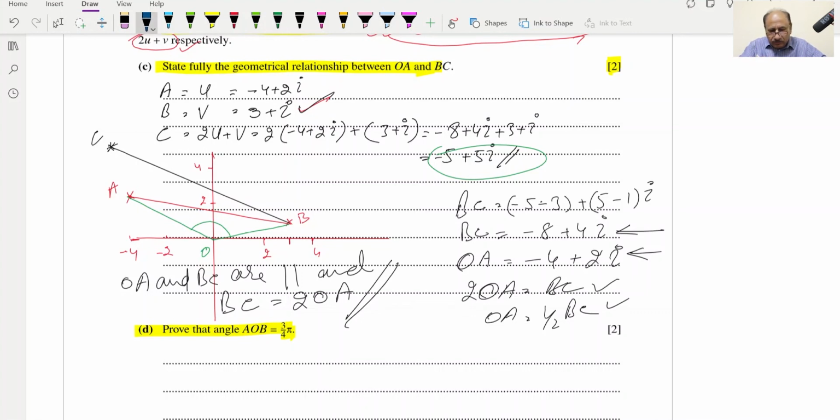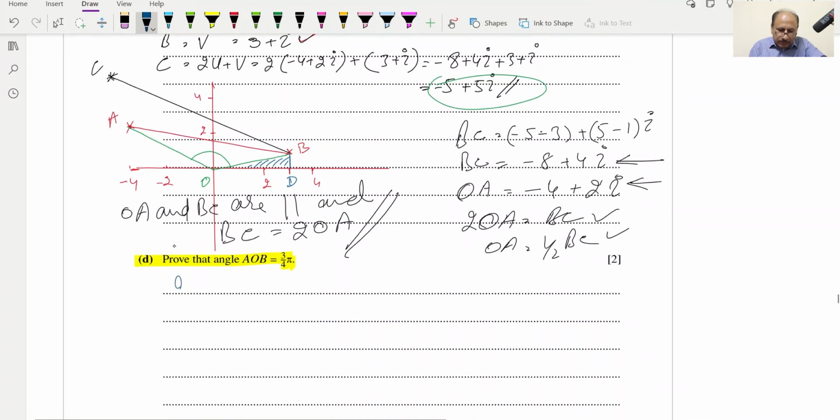I will join this one, and I'm talking about this smaller triangle, which is OB, and this point we can take as D. So OBD, in triangle OBD.